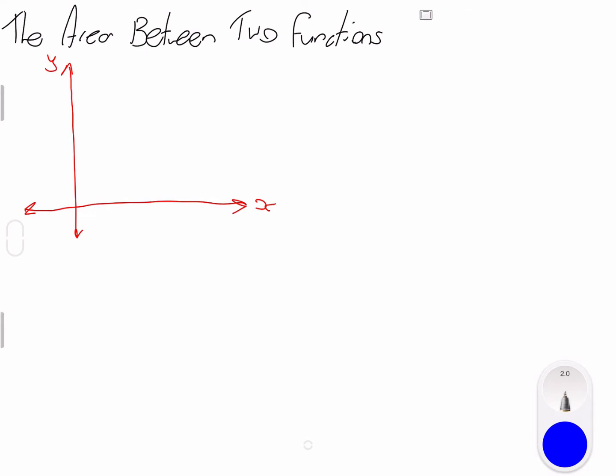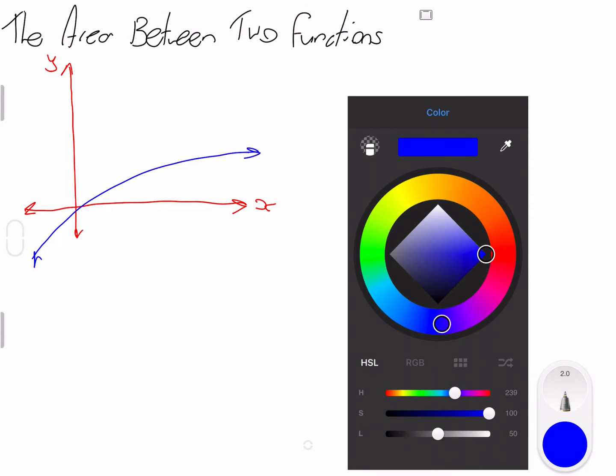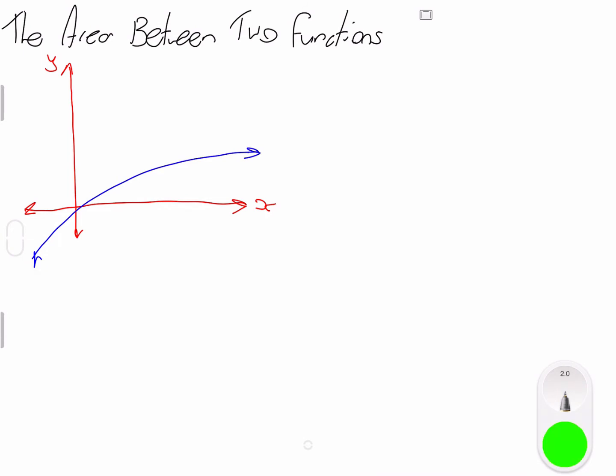I'm going to draw two functions here and we're going to look at how we can find the area between those two. So the first one I'm going to draw is going to go something like this. And the second one I'm going to draw, let's make it green, is going to be something like this.